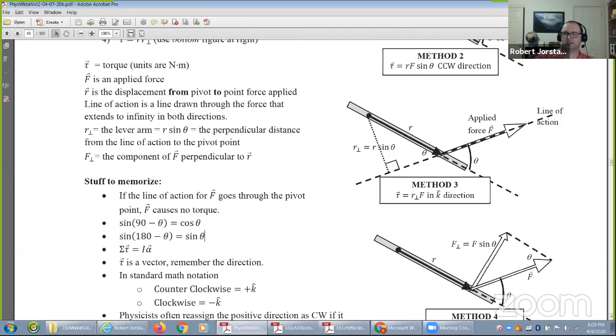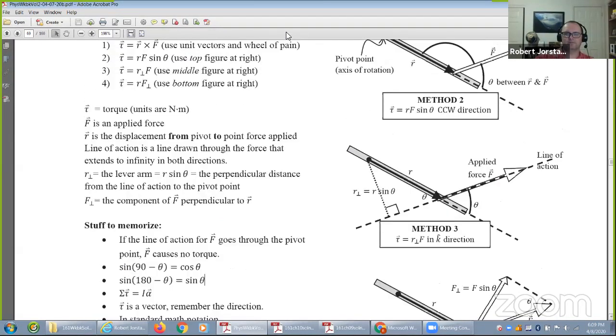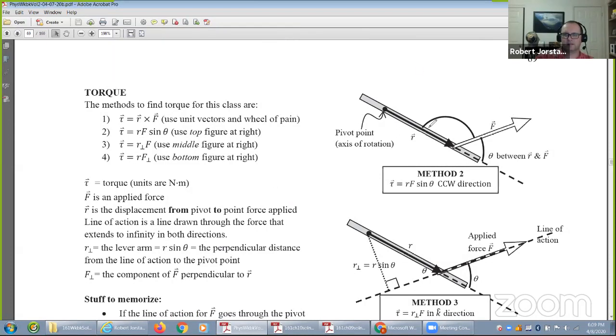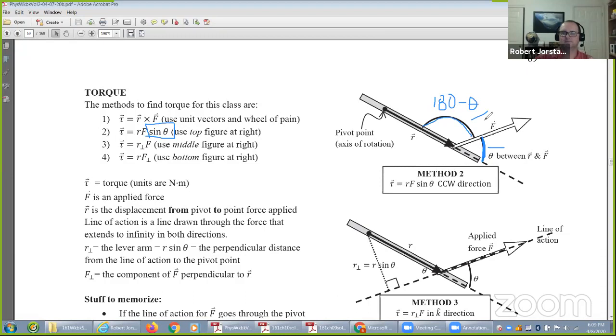This is really cool because it tells us up here, this angle or this angle, you could use either one in this equation. Because sine of these, this would be 180 minus theta. Either one of those things will give you the same result for torque. So if you're not sure, do I use this angle or that angle? This is the one time in physics. Either one works. Woo! All right.